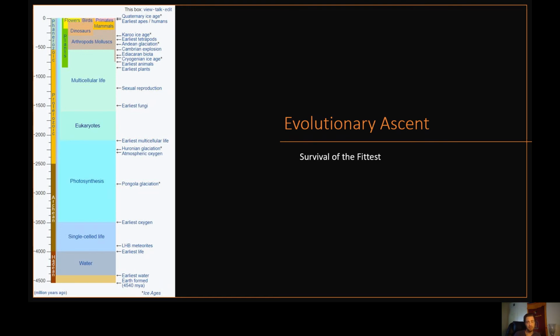So then the single-celled organisms, which we'll look at a little bit, come forward, and then they will start to create oxygen with photosynthesis. And so once oxygen is starting to build up in the atmosphere, we're paving the ground for an entirely new experience, a couple of new breakthroughs.